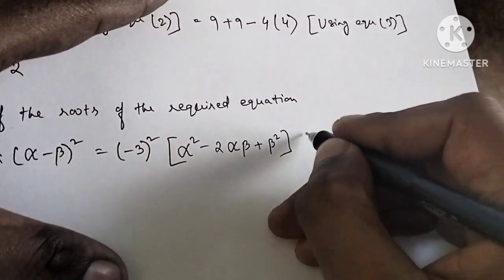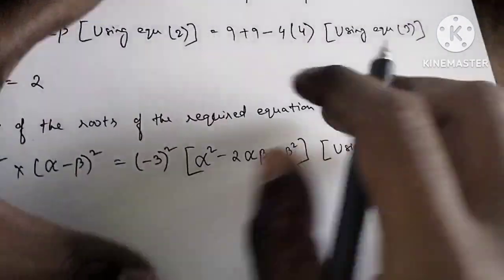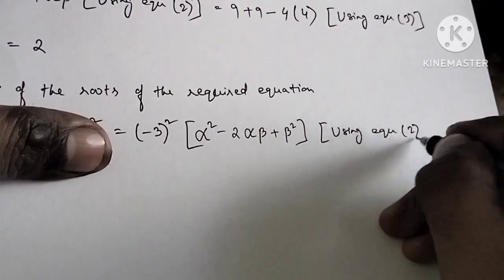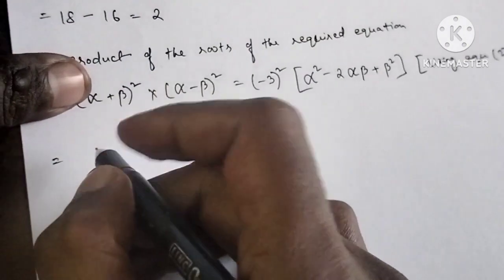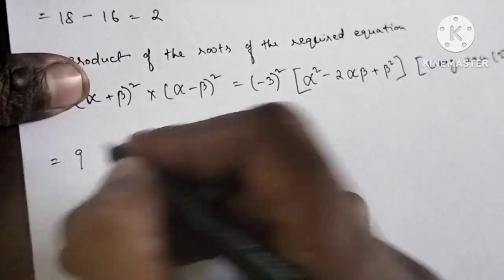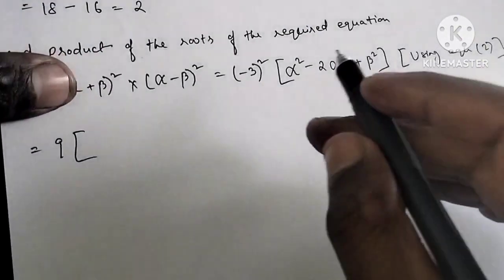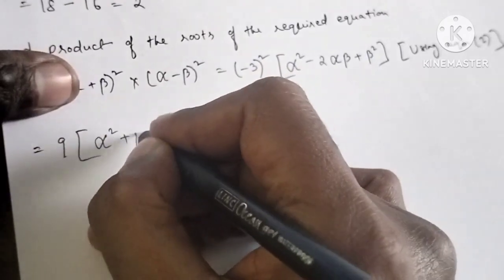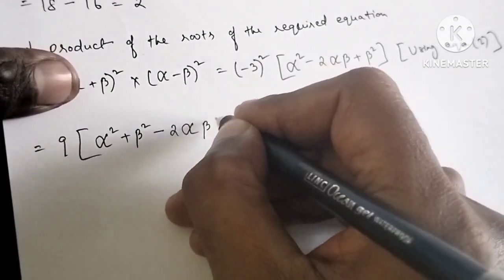Here you have to write using equation 2, this value we have got using equation 2. So this will be 9, then alpha square plus beta square minus 2 alpha beta.